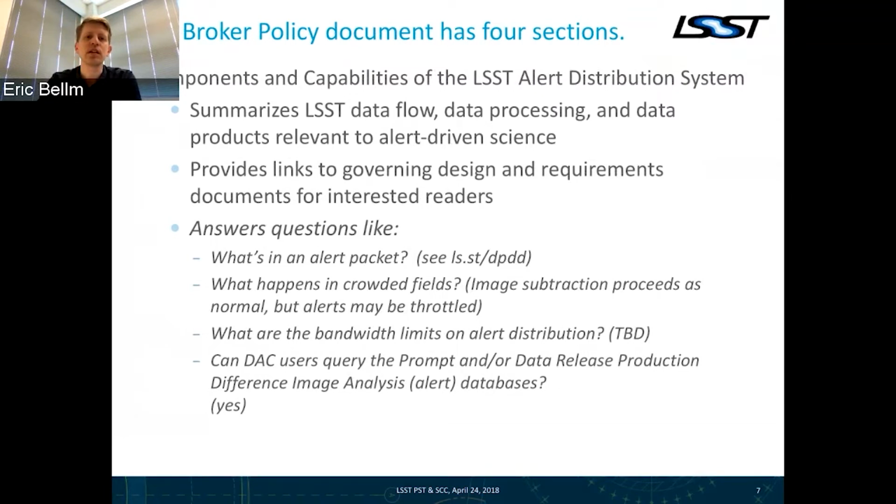Some of the questions that we'll need to address that are not fully specified is, exactly what happens, for instance, in crowded fields. We have a requirement to deal with up to 10,000 alerts, but it's not specified what happens after that point. So there's an example of a case where there's a feedback between the technical capability as well as the formal requirement. So clarifying issues like that is something that I think this is a good place to provide.